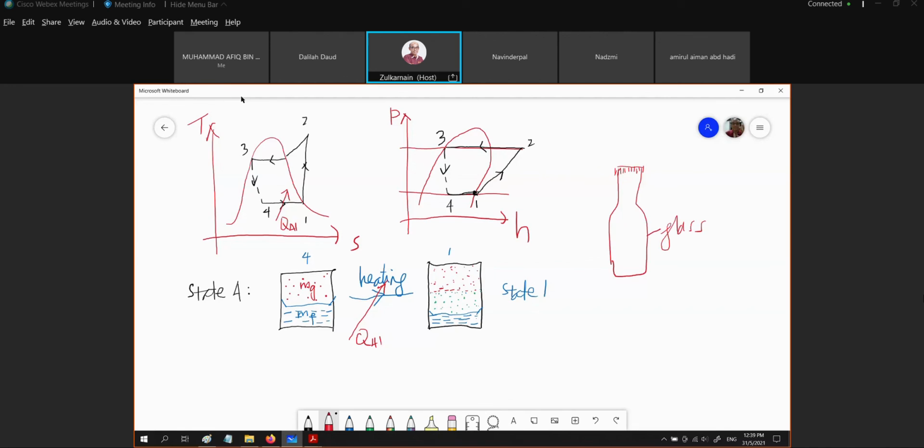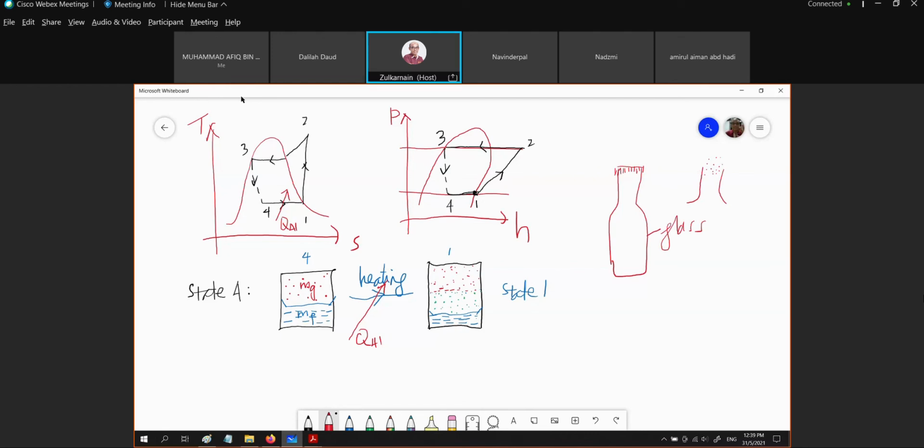But what happened is, when we take off the cap, the cover of this bottle, sometimes we can see a saturated condition of the drink in this bottle.